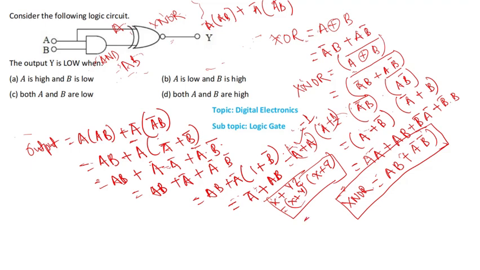So we have landed with the answer of A complement plus B. The final output will be A complement plus B. For the output Y to be low, B has to be low, and A complement has to be low, which means A has to be high. So A will be high and B will be low, right?